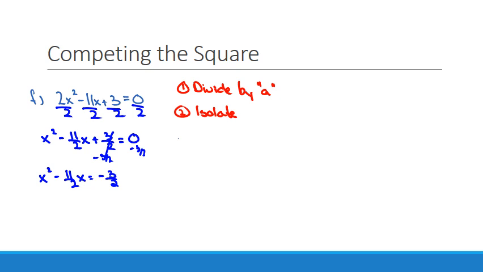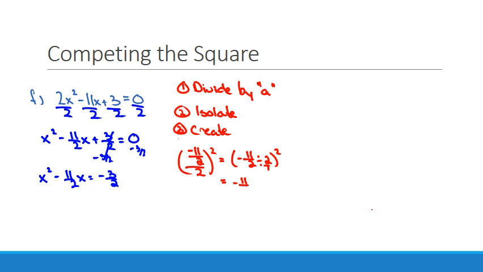All right, once we isolate, now we're going to create that trinomial square. This is an interesting one actually. So I'd go -11 over 2 divided by 2, squared. Well, that looks really funny, so I don't like that. I can change the form of it. When you divide using fractions, that's 2 over 1.